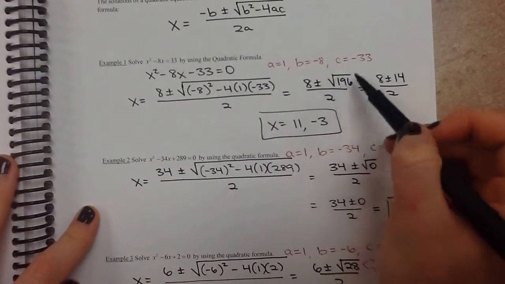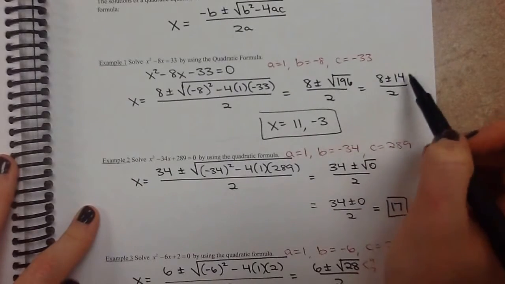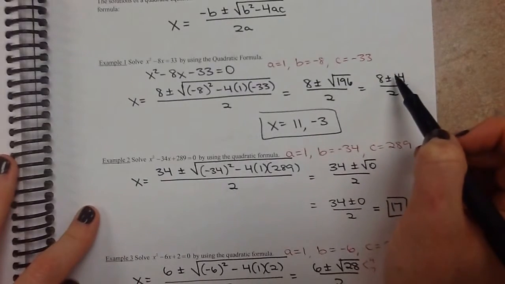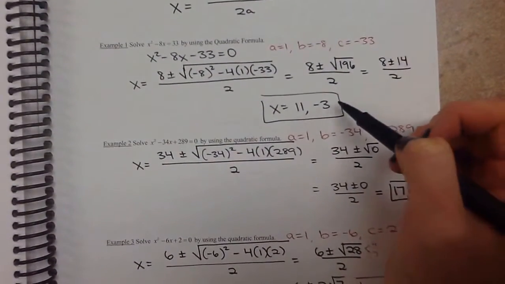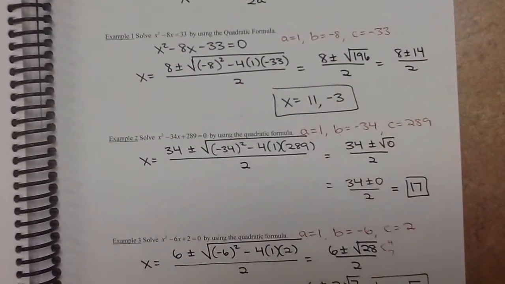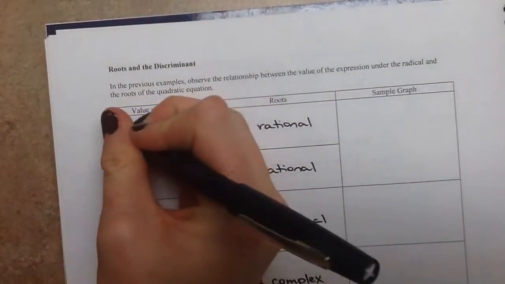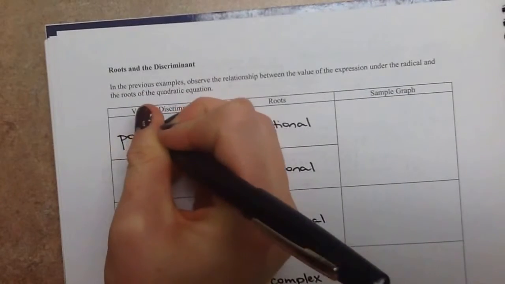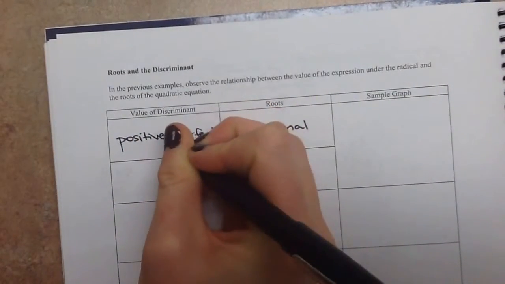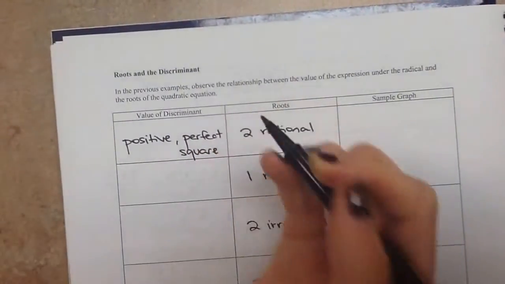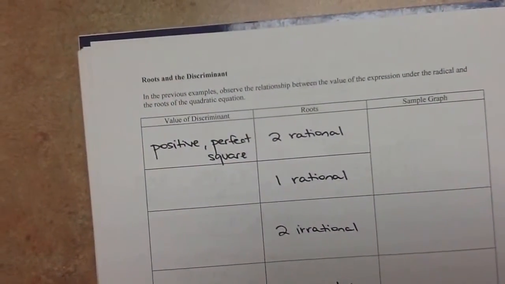The fact that this was a perfect square is what made this a nice, neat, pretty number, which made these nice, neat, pretty answers. So in order to end up with 2 rational answers, you have to have a perfect square under the square root, and it has to be positive. Okay, so if our discriminant is positive and it's a perfect square, we will come up with these nice, neat answers like we did in example number 1.